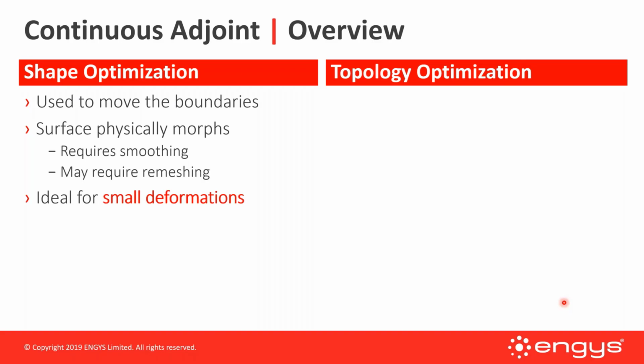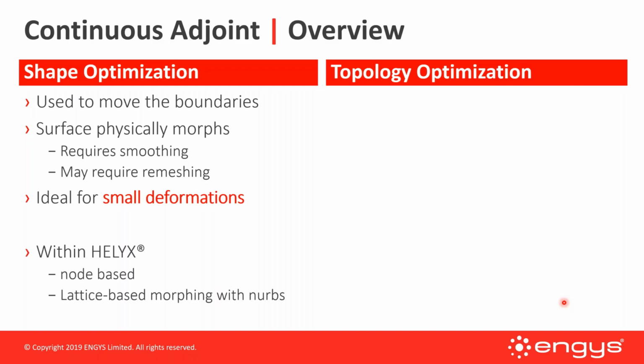So if we're talking fractions of a millimeter, and the lengths get on like a vehicle, this is ideal for this type of situation. And within HELYX, there's two different approaches that we can do. There's a node-based approach, which uses a finite area approach to smooth out the surface sensitivities. And then there's a surface morpher, which takes that information and moves the surface.